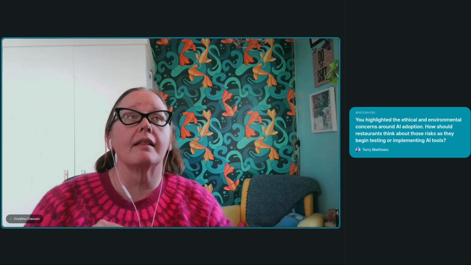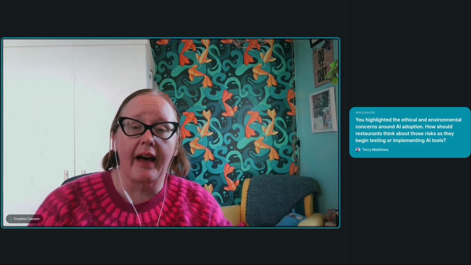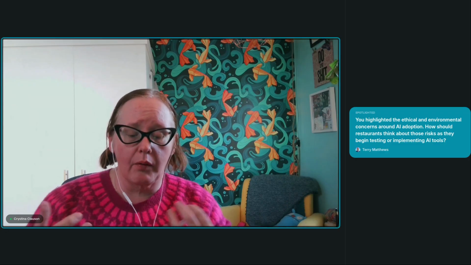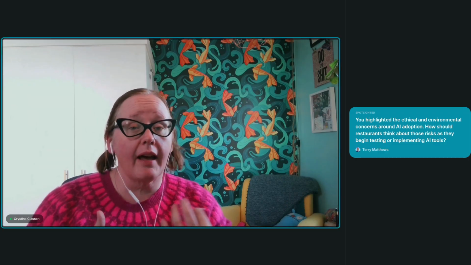I think it's use them sparingly. If you can Google something, Google it rather than using AI. If you can use clip art like Pexels or something, use that rather than having AI generate a photo or a video for you. Use those tools that already exist that don't necessarily use AI.